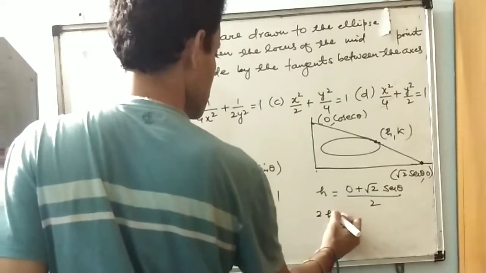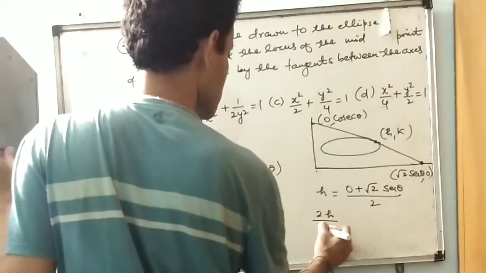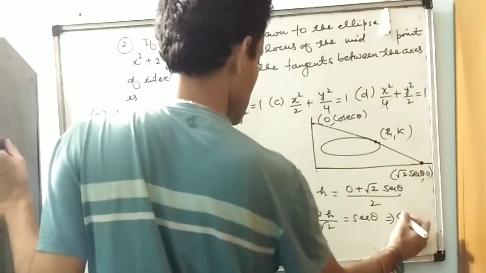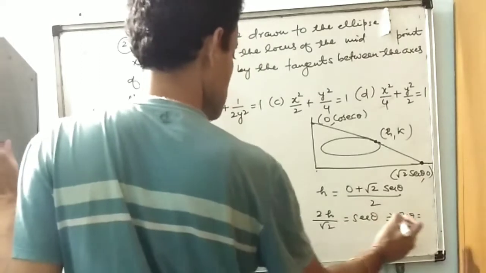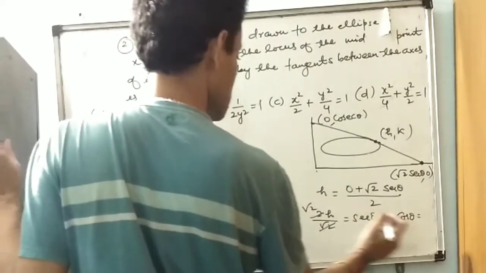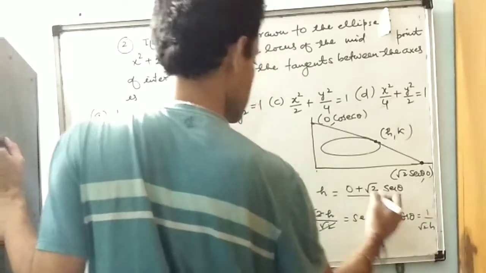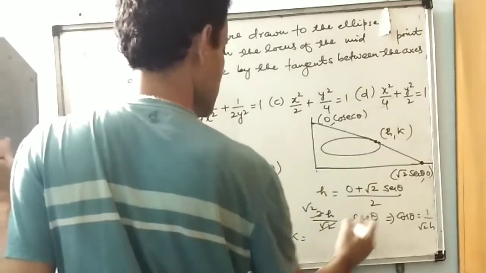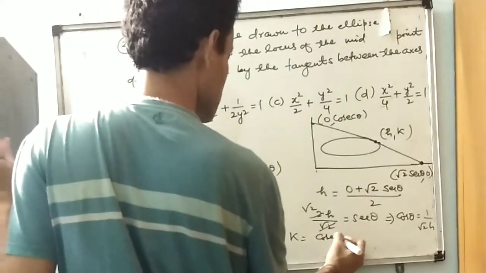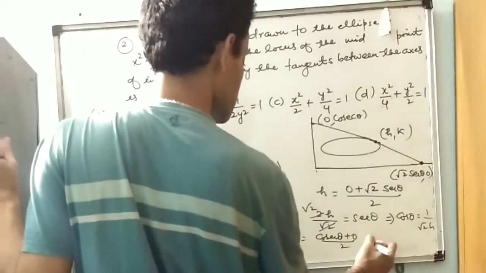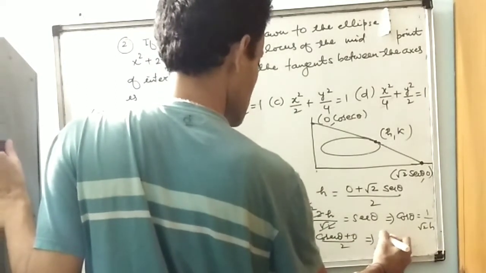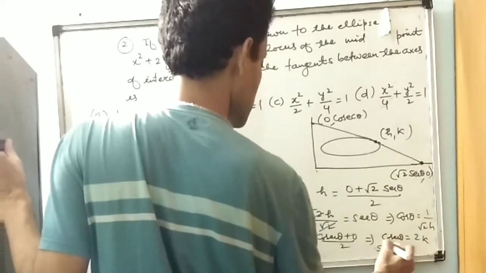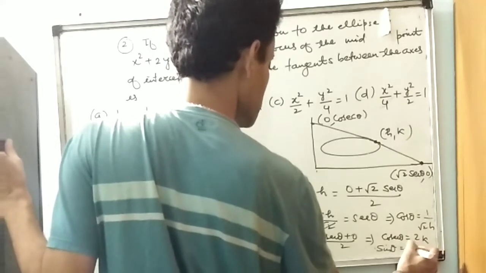That gives 2h upon root 2 is equal to sec theta, which implies cos theta is equal to 1 upon root 2h. Similarly, k is equal to cosec theta plus 0 upon 2. That gives us cosec theta is equal to 2k, which implies sin theta is equal to 1 upon 2k.